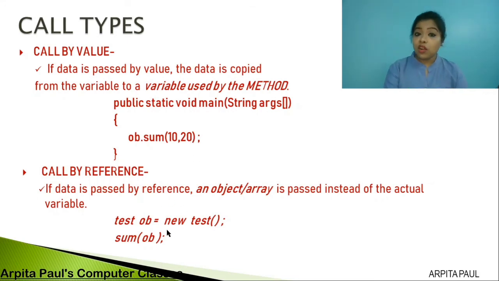But in case of call by reference, the object is directly passed within the method as argument or parameter. See the difference here. I have created the object of one class named test, then within the method sum I have passed the object. So this is how easily you can create the object of the class and call the method.